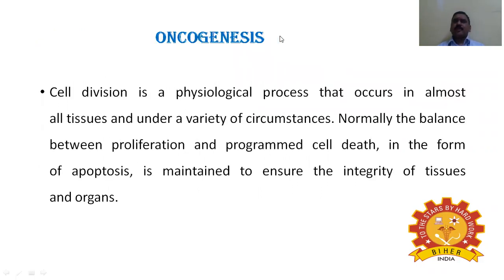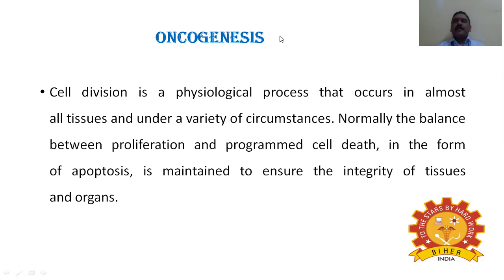Next question. What is oncogenesis? Oncogenesis is nothing but carcinogenesis. Both are more or less similar. Cell division is a physiological process that occurs in almost all tissues and under a variety of circumstances.